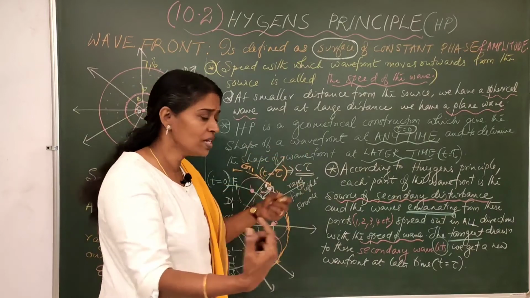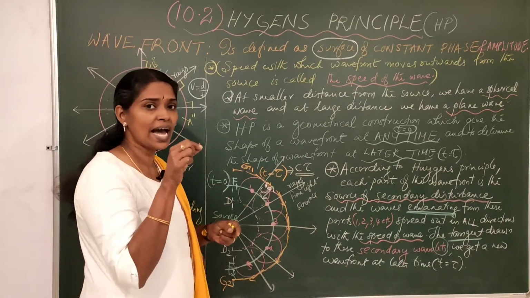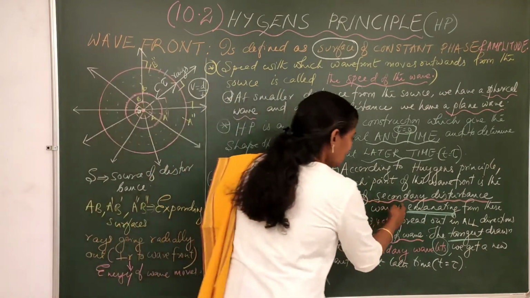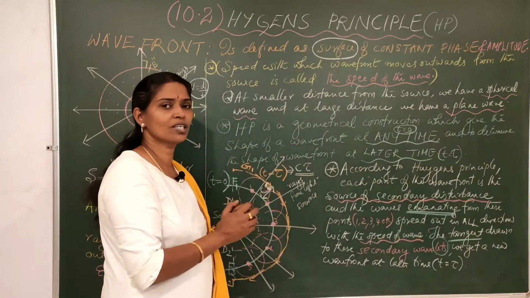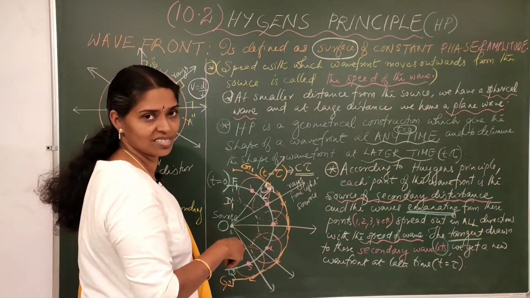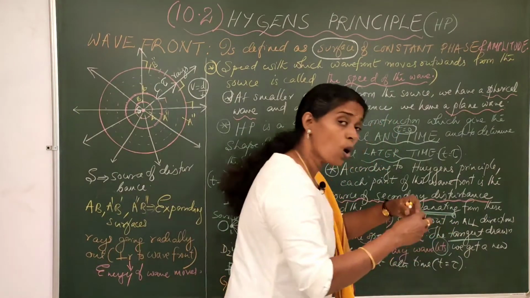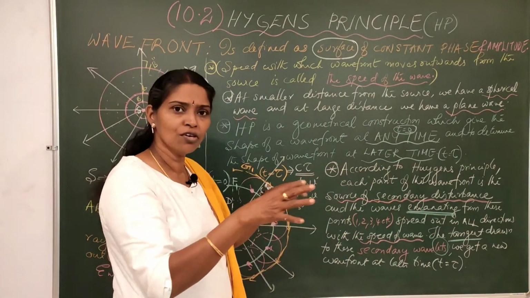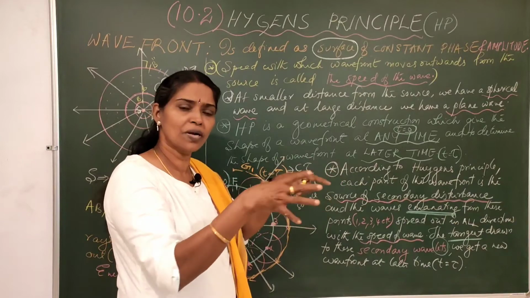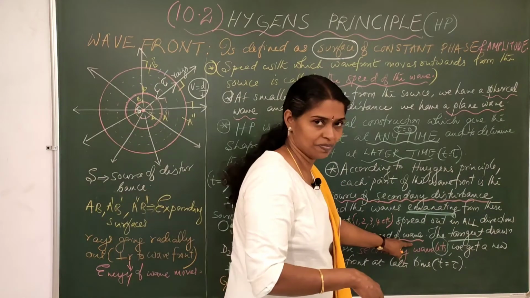So each bead over that particular thread behaves as secondary disturbance. Means what? They itself can act as new source and spread out in all directions. They again produce waves, spreading in all three dimensions with the speed of the wave.